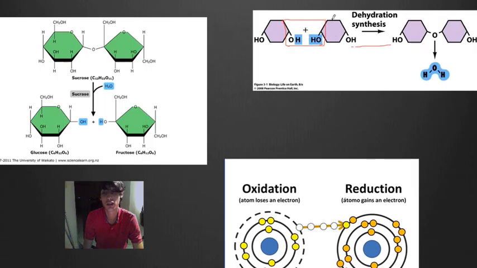and what dehydration synthesis actually does is that it takes away the two hydrogens and an oxygen, and that's why it's called dehydration. This part, D, means away or not. So it dehydrates, meaning it takes away the water.